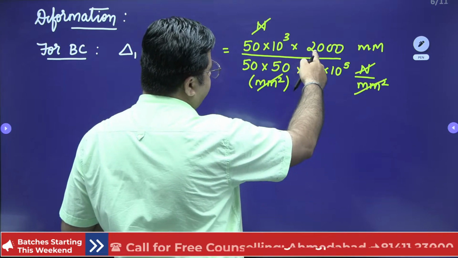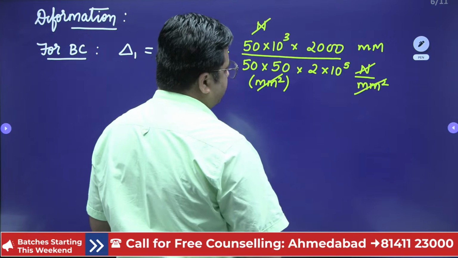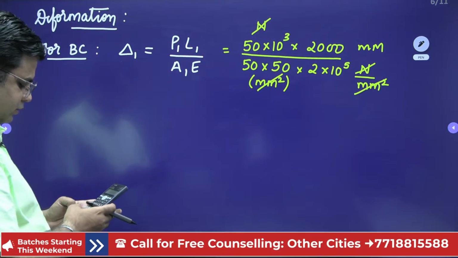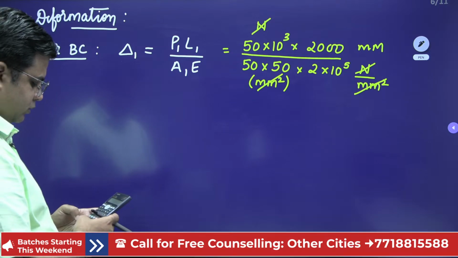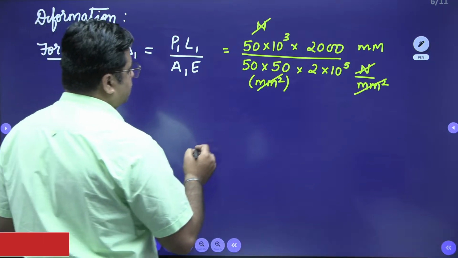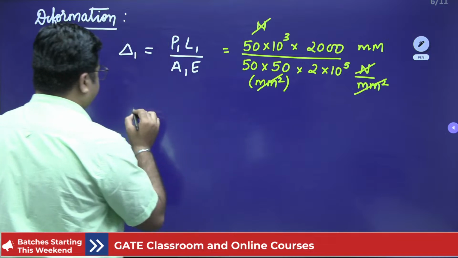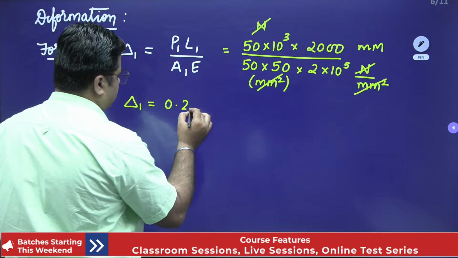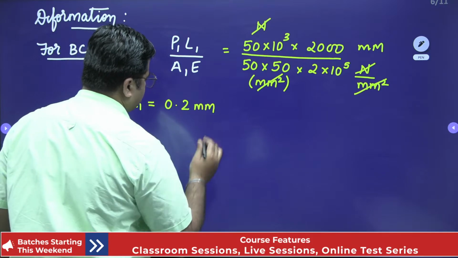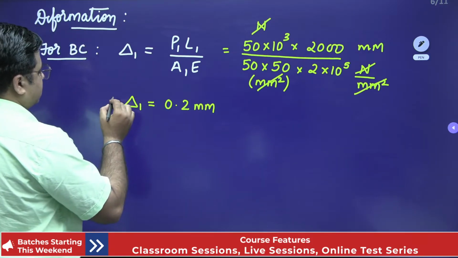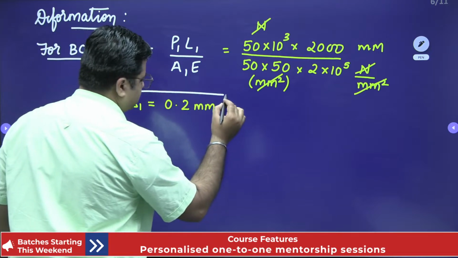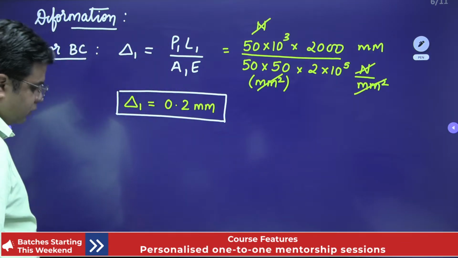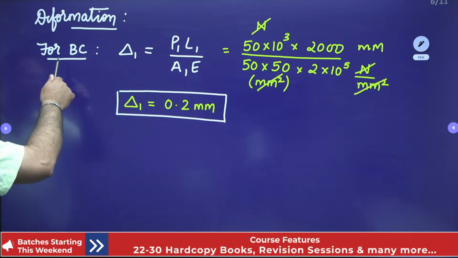So, 20 divided by 100. So, this is like 0.2 mm. So, this is the deformation for this member BC.